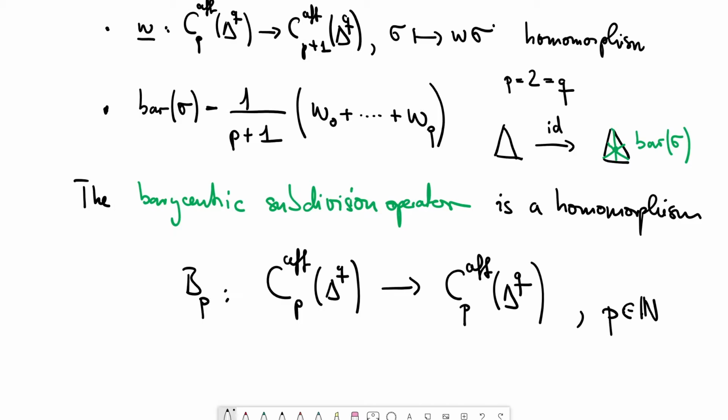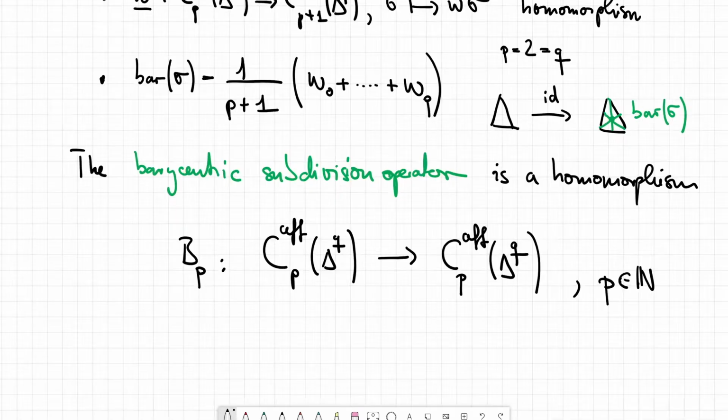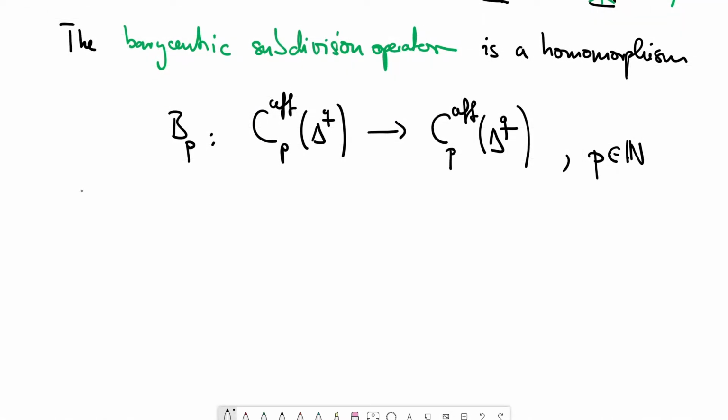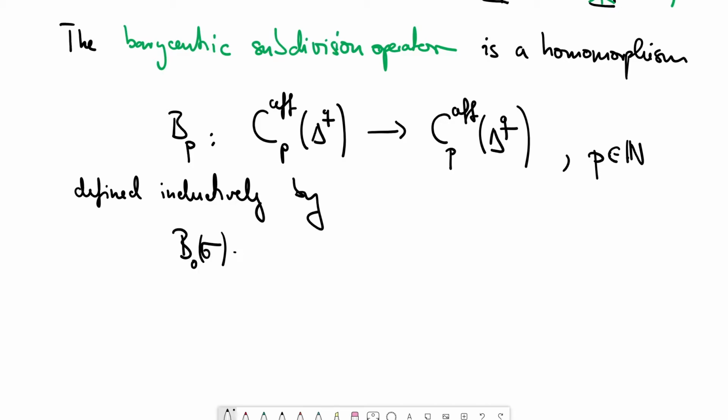And it is defined inductively. On the zero simplices, it does nothing, it's the identity. So B_0 sigma is just sigma. But for p at least 1, it does the following.